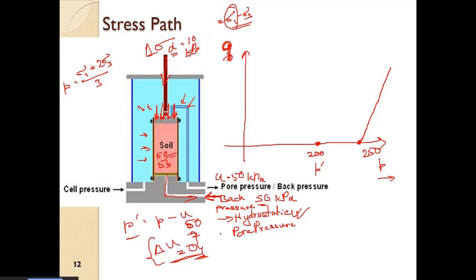So the Q value will start increasing. And if we do the drained shearing, then this effective stress path will be in the same direction as the total stress path. Right? And this difference will be the hydrostatic pore water pressure, which is the back pressure. So U will be equal to the back pressure.